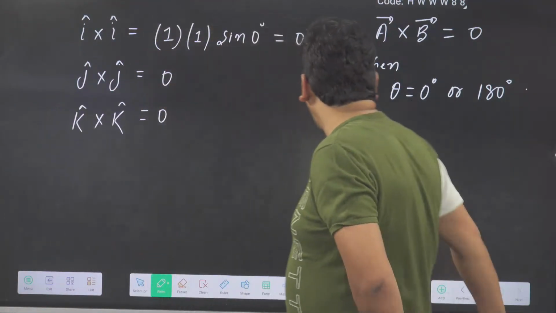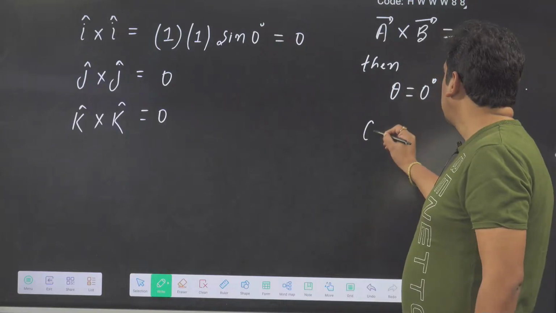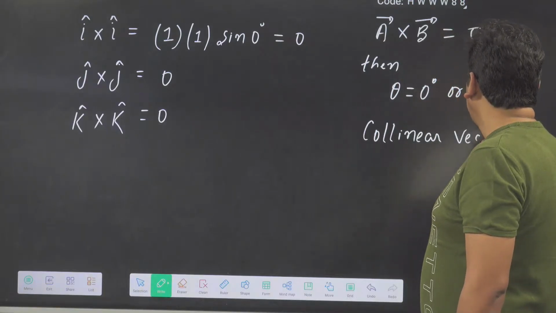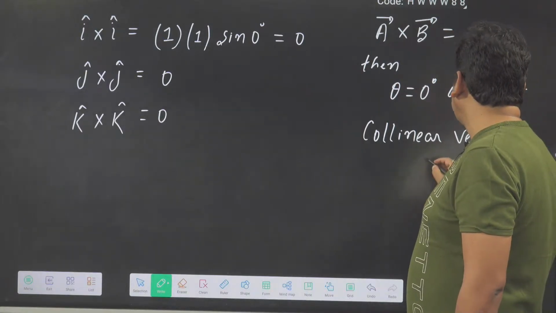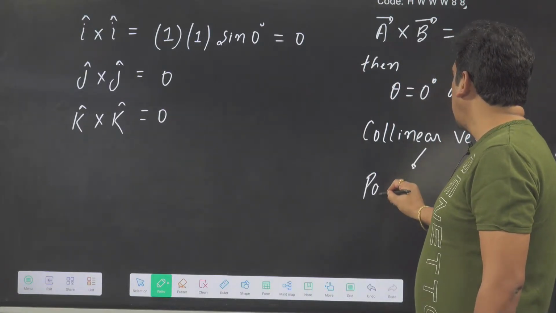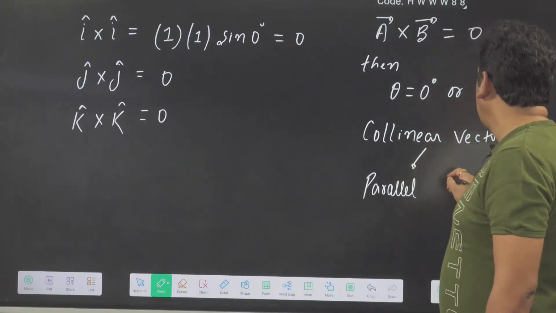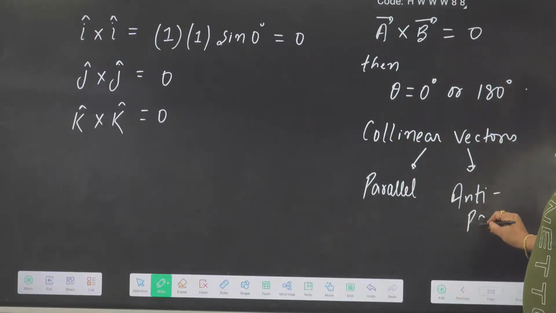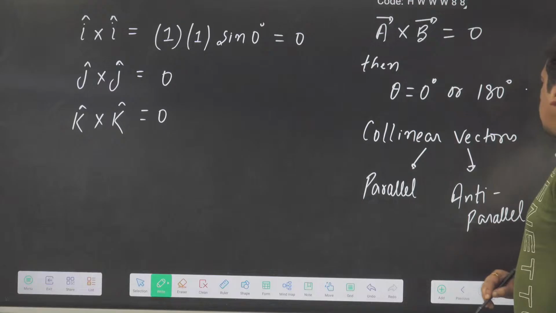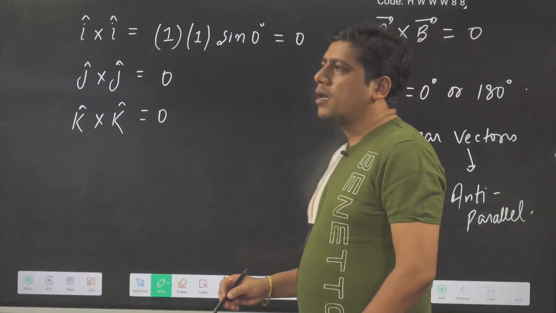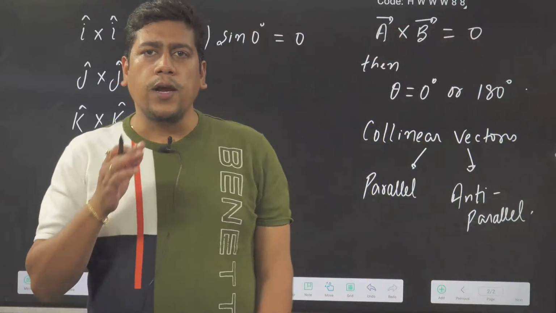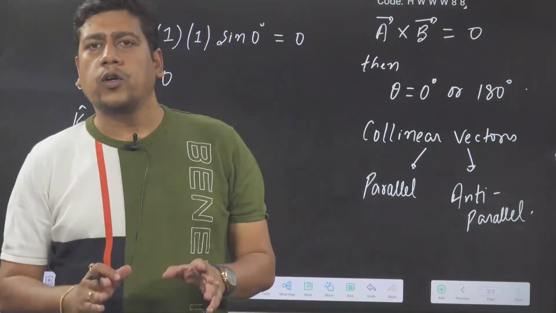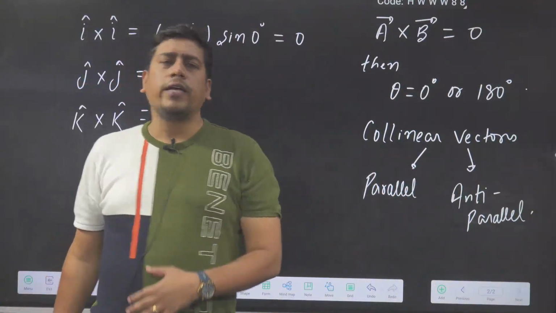If you remember from second lecture, collinear vectors, because collinear vectors means either parallel or anti-parallel. So what we can remember is that cross product of collinear vectors is always 0.